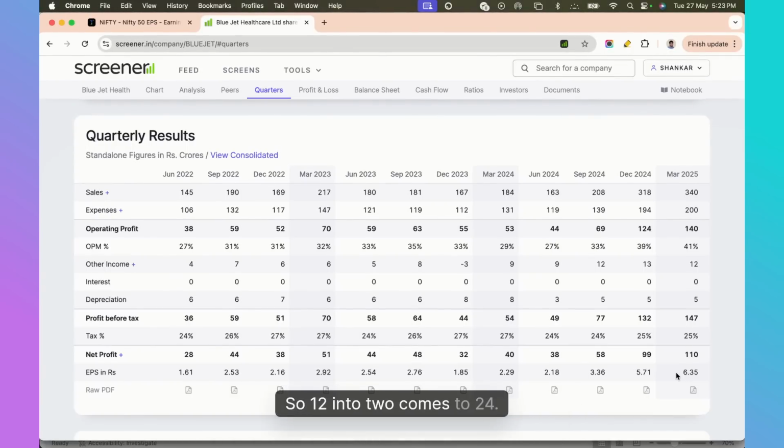So 12 into 2 comes to 24. So it's an assumption again, nothing is guaranteed. We're just speculating here. So it's an assumption that over a 1-year period, out of which 6 months are already done, another 6 months, BlueJet Healthcare would do about 24 rupees of EPS.